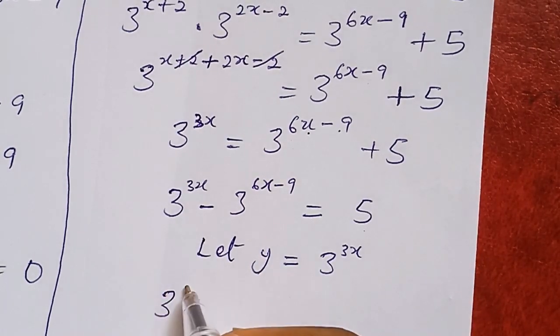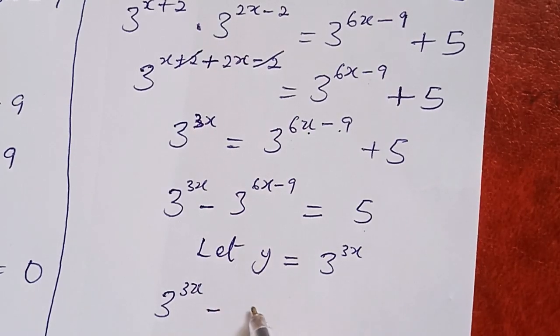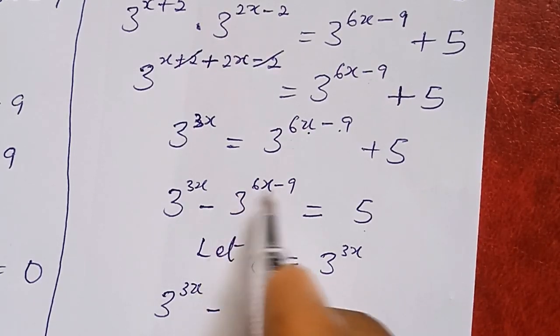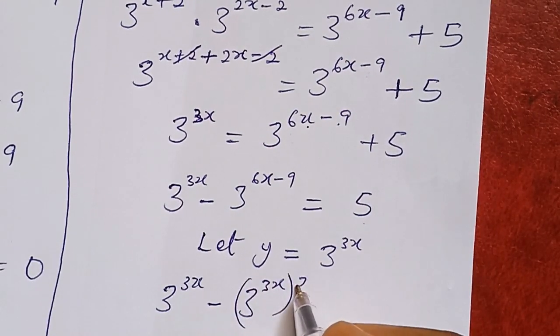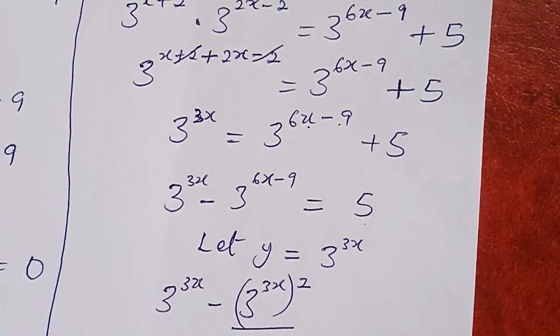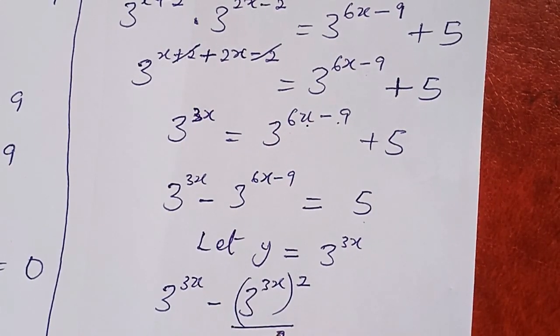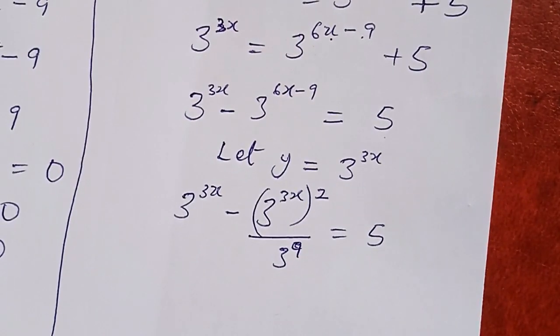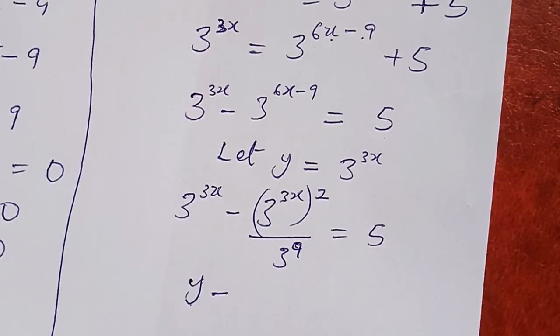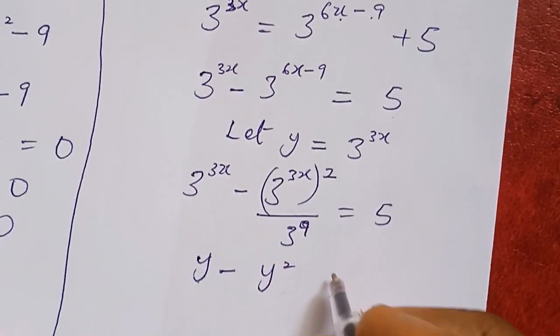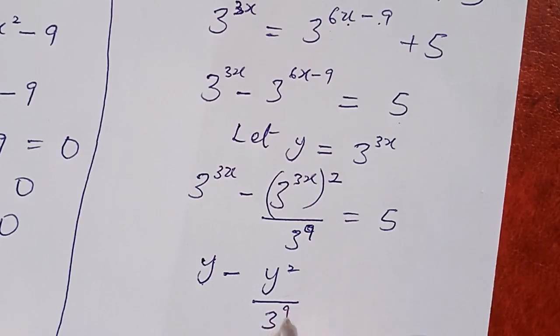So here we have 3 raised to power 3x minus this, then this term becomes 3 raised to power 3x into bracket 2, then over 3 raised to power 9, everything equals 5. So here now we can substitute our y. So we then have y minus y squared over 3 raised to power 9 equals 5.